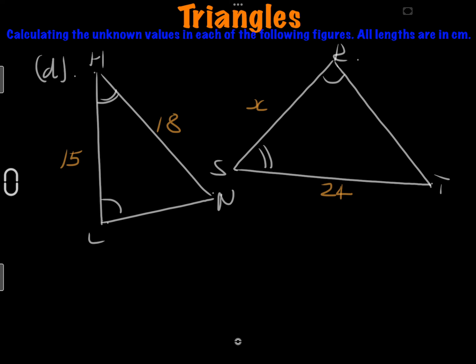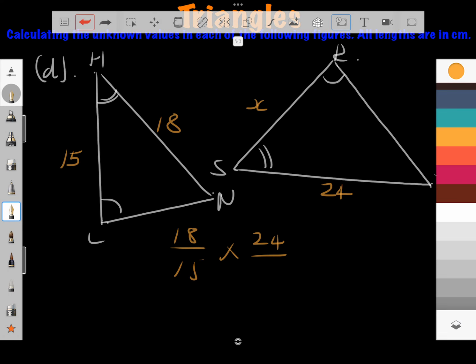So to move forward, we can simply write 18 over 15, and then 24 over x. Actually, let's invert this.